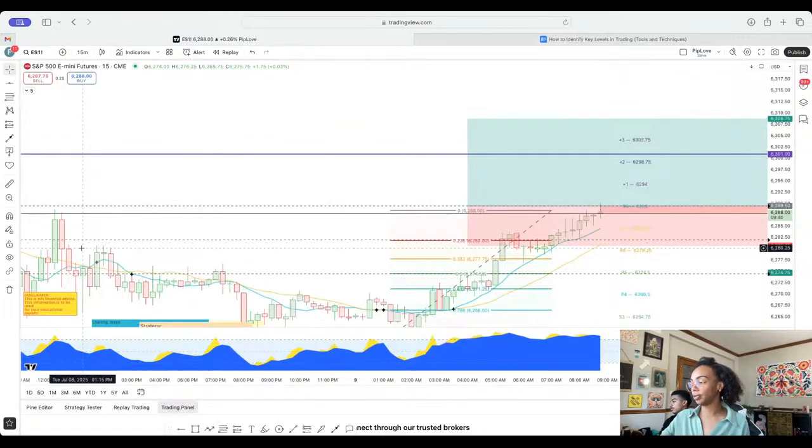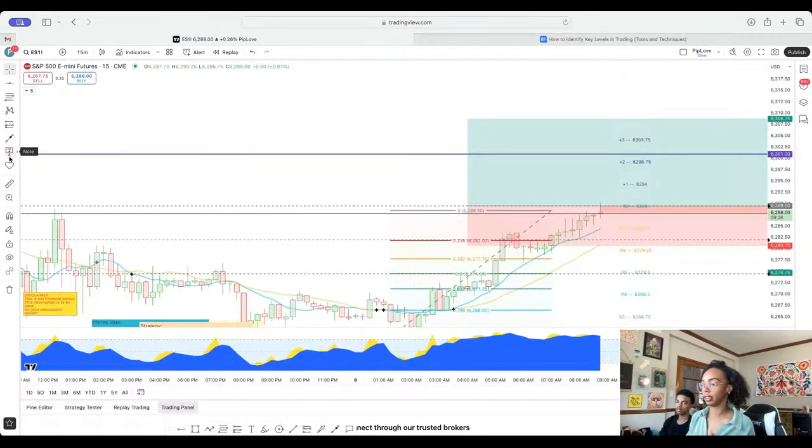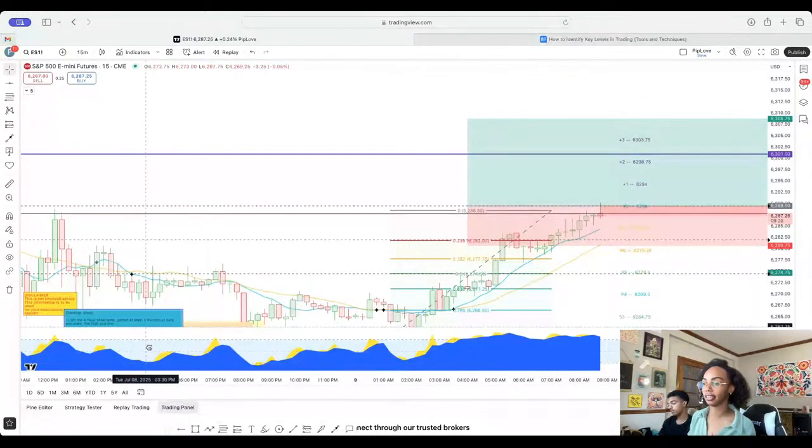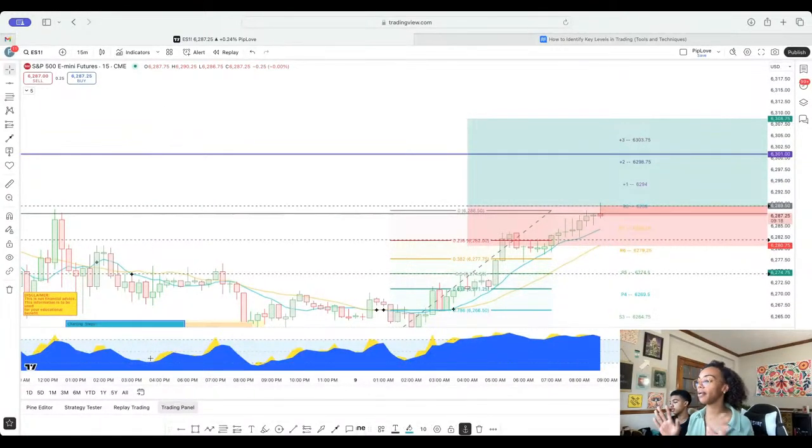Alrighty, back to how to identify our key levels in our trading. So key levels, how do we mark up our key levels? Okay, so let's type it out. So marking up our key levels. Usually we have our strategy steps that we use, and we've done that before, but really easy here.